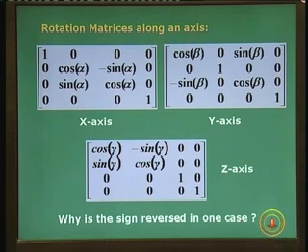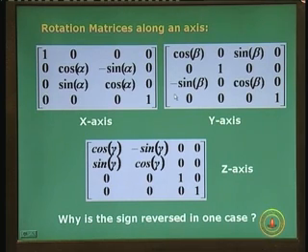But if you see the rotation about the y axis, the sign is on the bottom left instead of being on the top right. With respect to the x axis it is top right, with respect to the z axis also top right, but with respect to the y axis, it is on the bottom left.